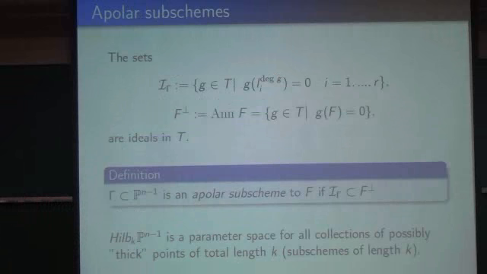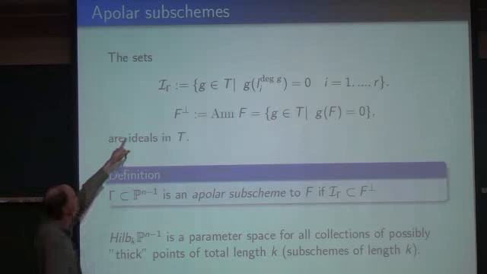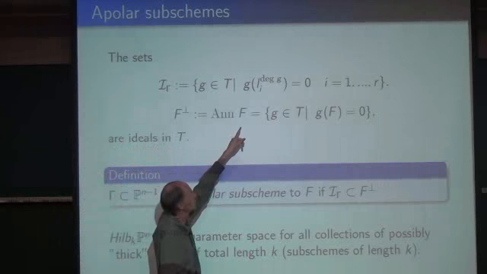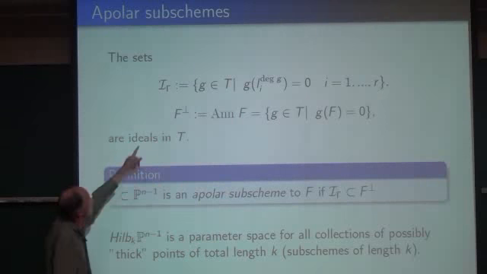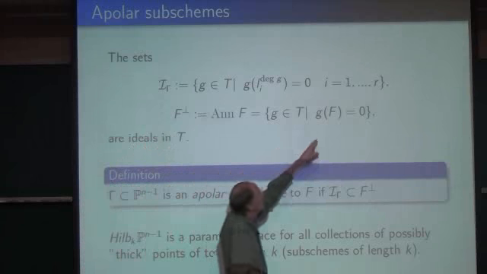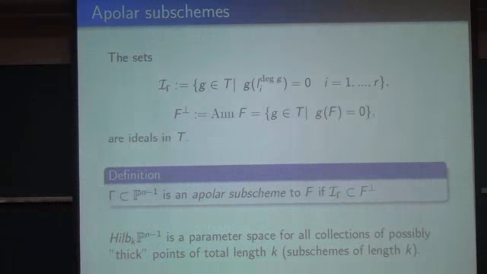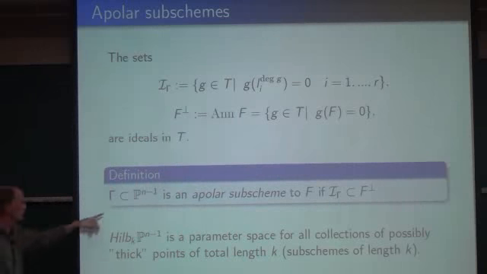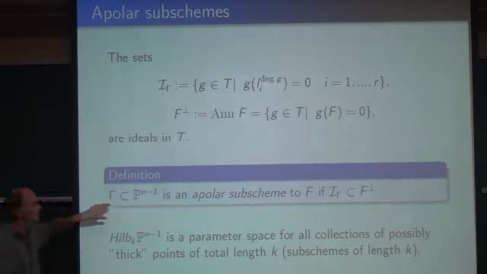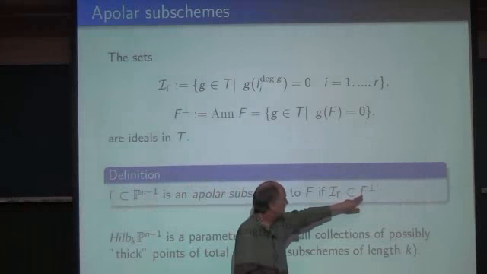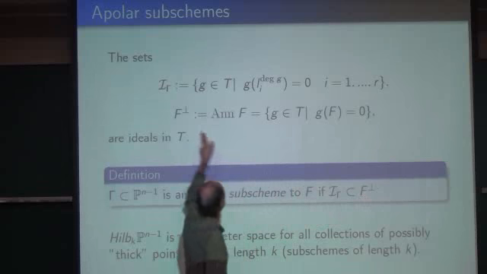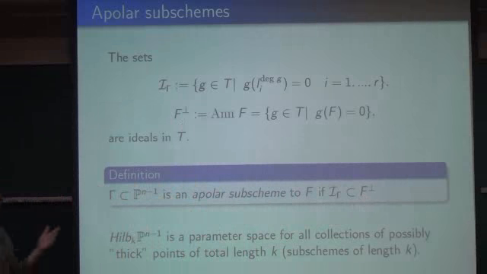So now these two objects that I saw down in the previous slide, they're ideals. So the g that kill all these linear forms and the elements g that kill f, they are both ideals in T. So I could express the same as saying if I have a finite set of points, if the ideal of the set of points is in the annihilator of f, then f can be expressed as a sum of powers with these linear forms.